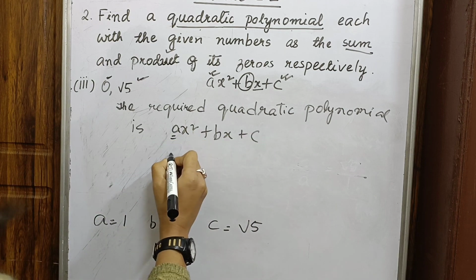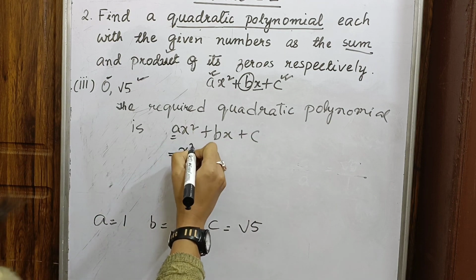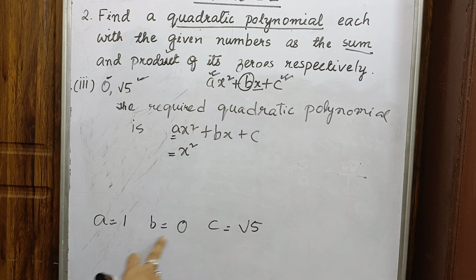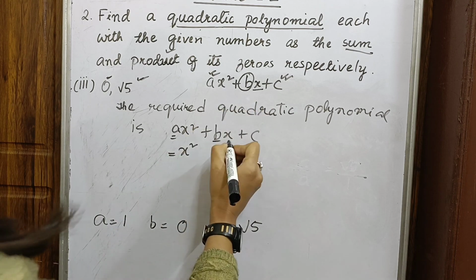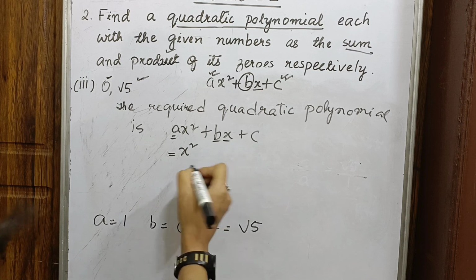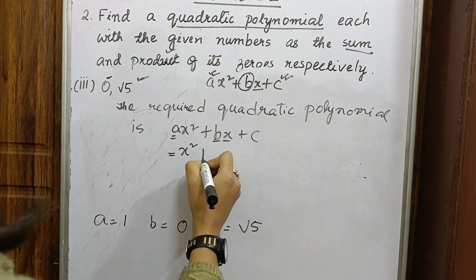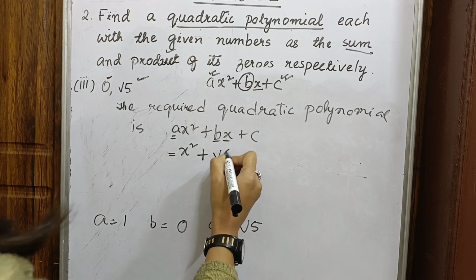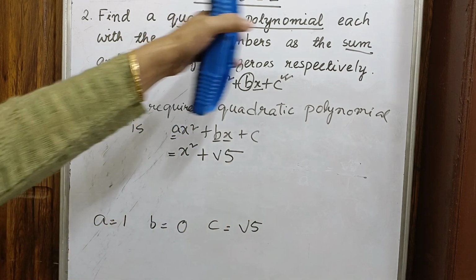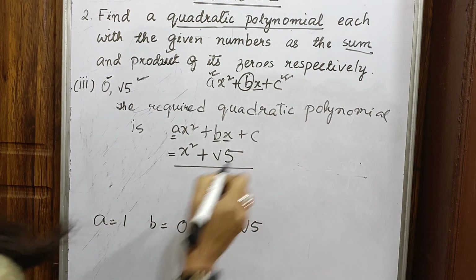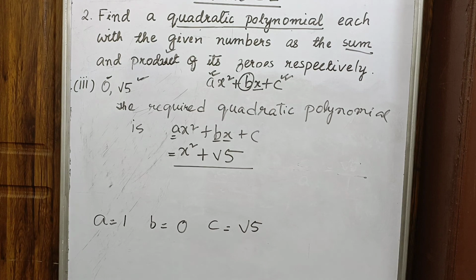A is 1. You can write x square, no need to write 1. What is b? It is 0. So 0 into x is 0. So no need to write for b, you write the c. What is c? It is root 5. So the required quadratic polynomial is x square plus root 5 for the zeros 0 and root 5, okay?